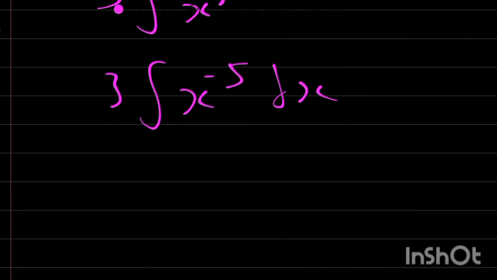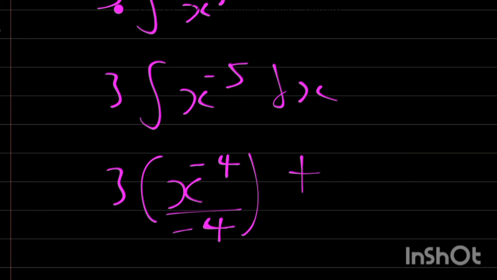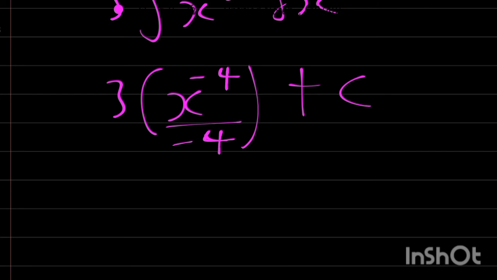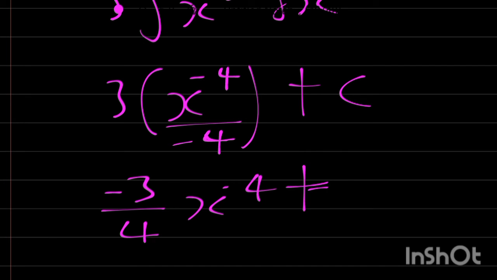Then you can now apply your law of integration. 3 into bracket, increase the power of x. I have minus 5 plus 1, that is minus 4, divided by the new power, minus 4. Then plus c. It is an answer already. It's just that sometimes you need to rearrange your options. Then I have minus 3 over 4, x raised to power minus 4, plus c rather.